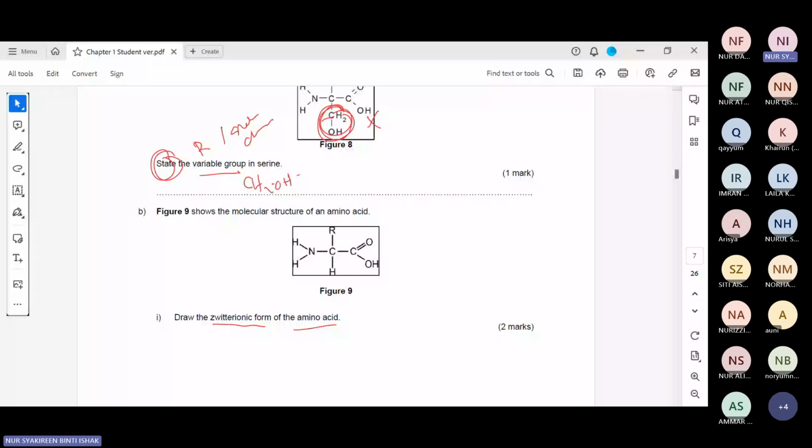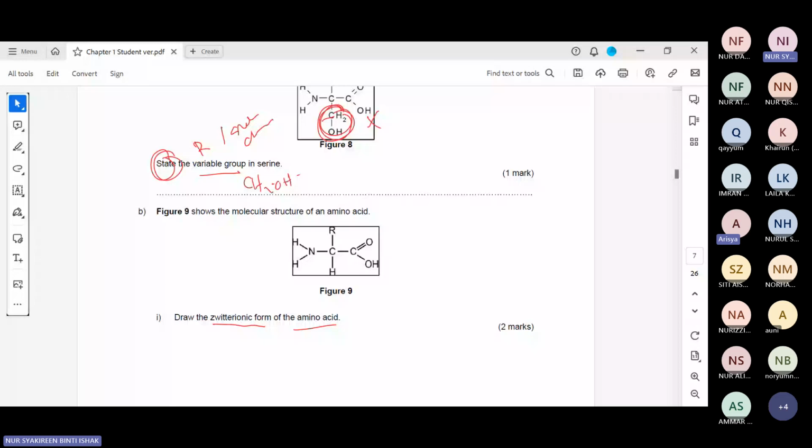It releases hydrogen ion into the surrounding and it is accepted by the amino group. Because carboxyl group loses a proton, it will be negatively charged. Because amino group receives the proton, it will be positively charged. So the amino group here functions as proton receiver and proton acceptor.